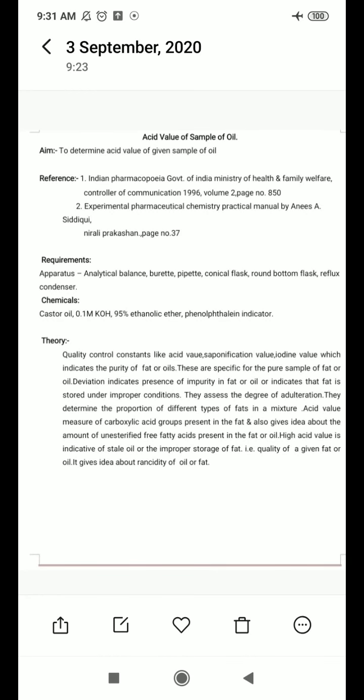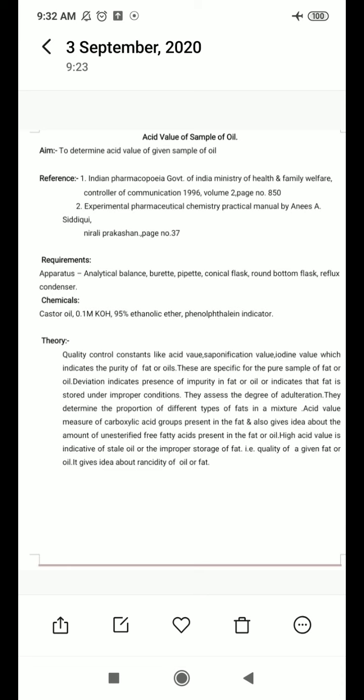Okay. References for that, from where we have collected the data, that is procedure, references, principles, theory, observations, standard value for acid value. The references are Indian Pharmacopoeia, Government of India, Ministry of Health and Family Welfare, Controller of Communication 1996, Volume 2, page number 850.